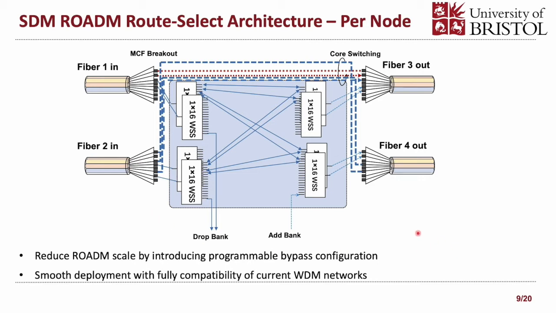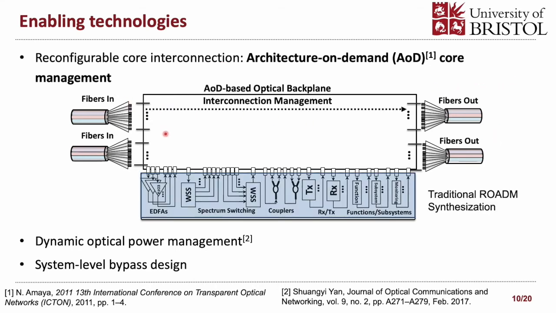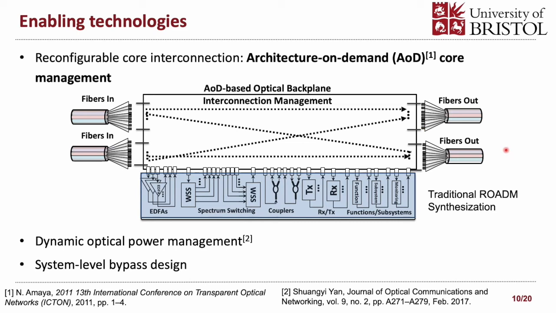So this is per node. To achieve this design from network level to node level, what key technologies do we require? Firstly, we require reconfigurable core interconnection. We use the concept developed by our group, architecture on demand, to manage the cores. Here, the fiber input and fiber output use a large port count fiber switch that can set up direct connections between the different fibers, connecting core to core directly.